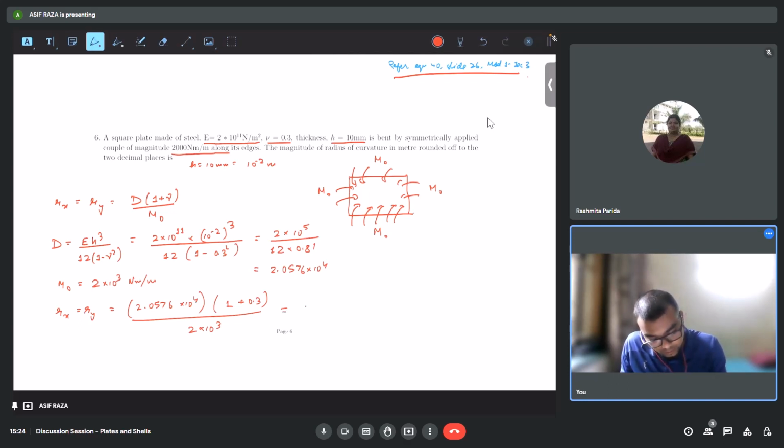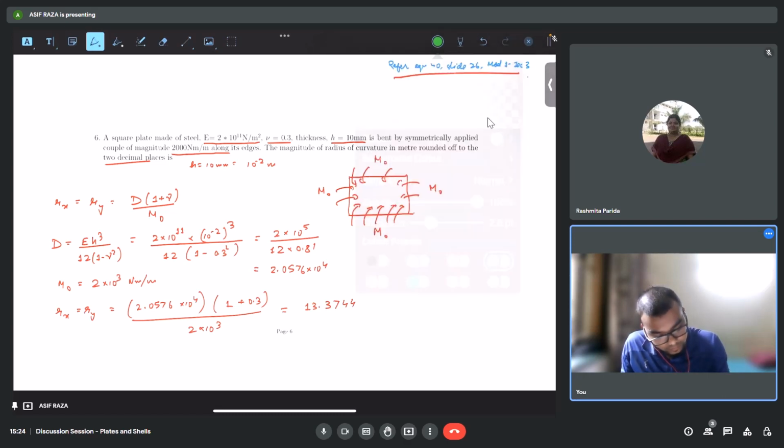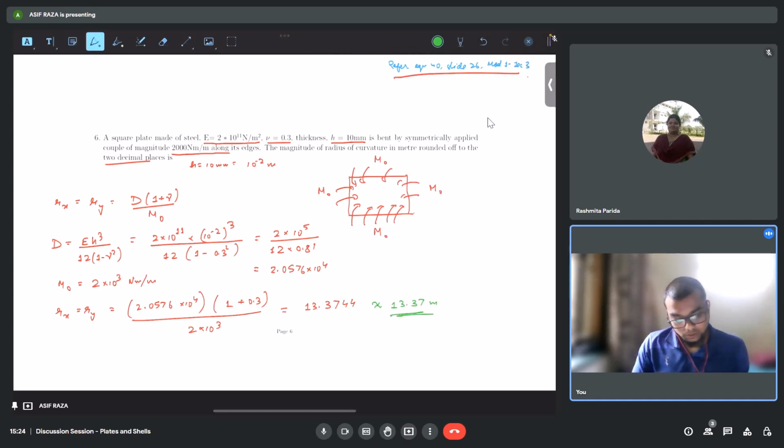This gives me 13.3744. So we have to round it off to two decimal places. So the correct answer we can reduce it here to 13.37 meter. So this is my solution to the sixth question.